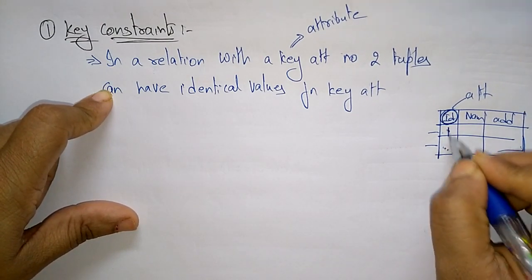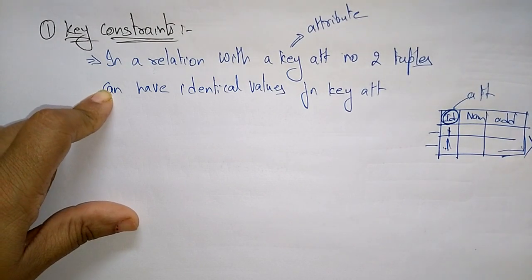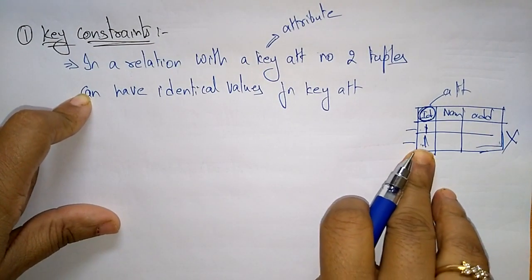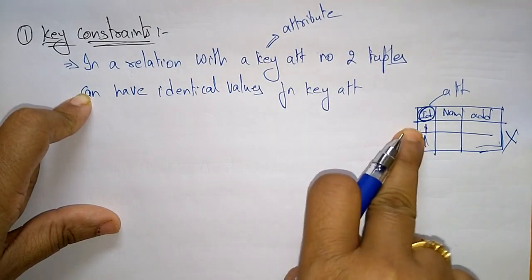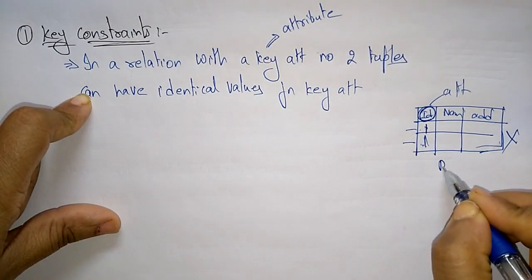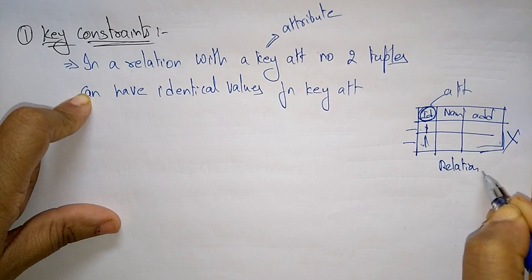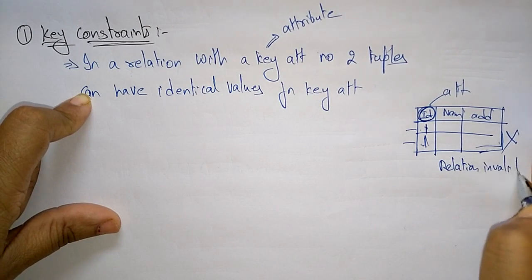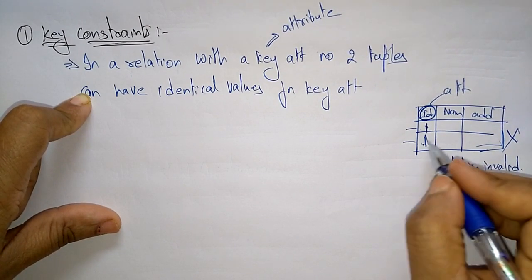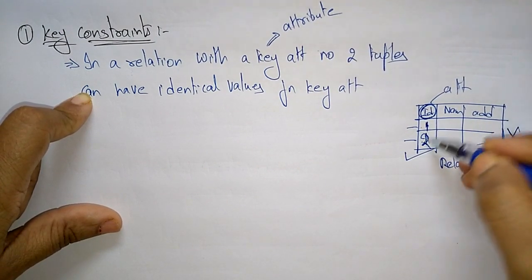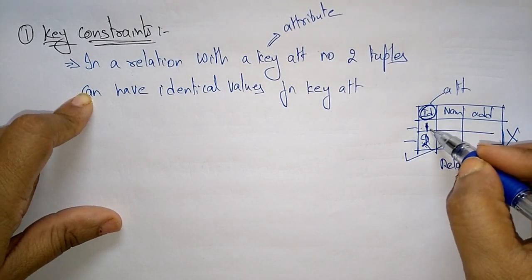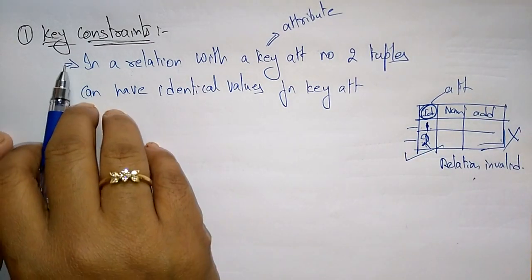Same values are not possible. If the same values are there and you make it a key attribute, then this relation is invalid. If you want to make it valid, you just write 2. So here distinct, different values will be there. So that is the key constraint.